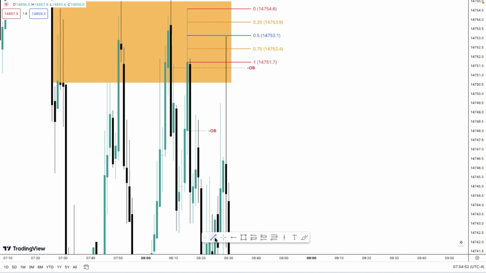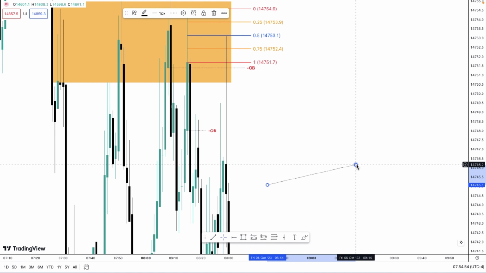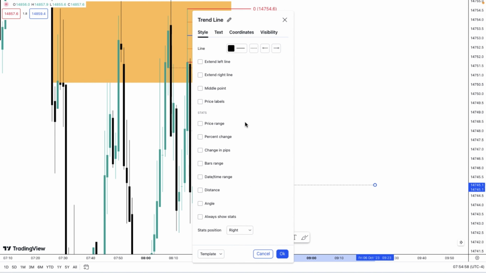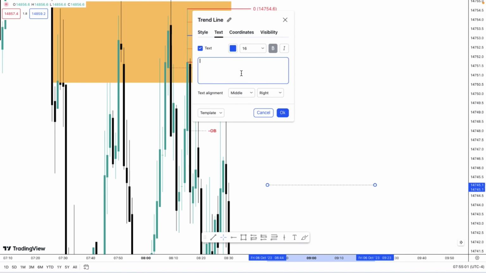Many times you'll see me put it as 1 minute fair value gap, consequent encroachment, CE, just so that I don't have to spell out the consequent encroachment part, which took me months to learn how to pronounce.